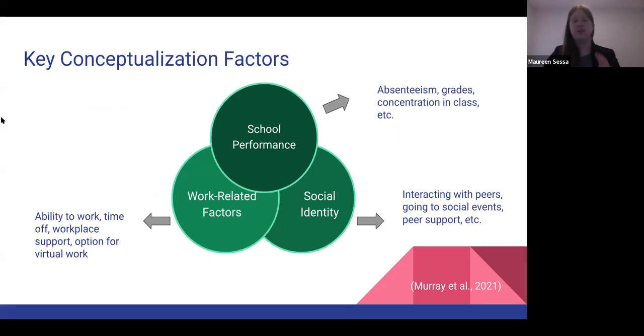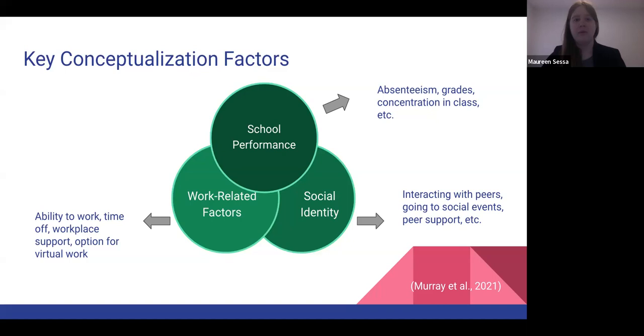So in the research, there's a variety of different factors related to how we should go about conceptualizing adolescent and young adult pain. And you'll notice that not all of these factors are inherently different from what you would see with an older population. We're just kind of tweaking it a little bit to fit the group that we're working with. So some of these might relate to someone in an older life stage.